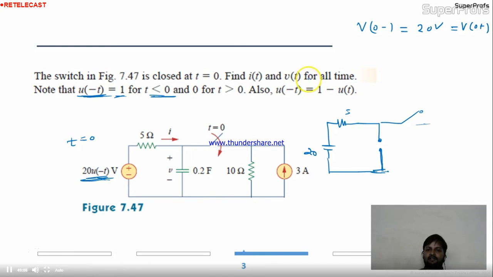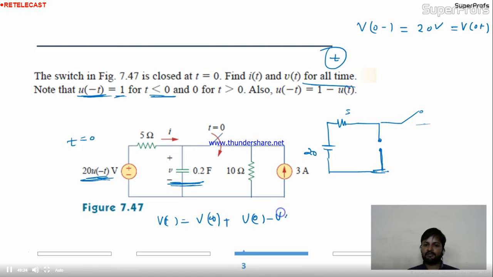Now he is asking that for all time, means find out at t. So you can find out this Vt across the capacitor. The formula is same. Vt is nothing but V infinity plus V0 minus V infinity e to the power minus t by tau. Okay, so this one is completed.